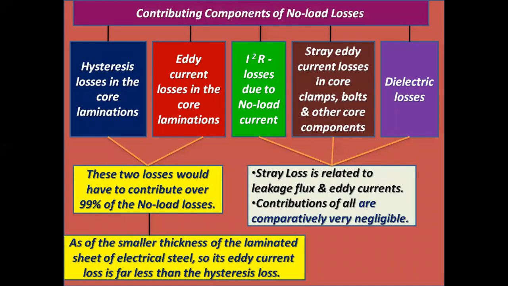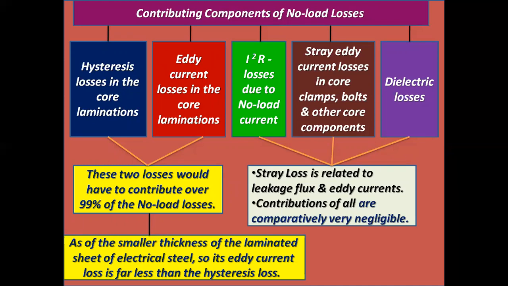Now see the contributing components of no load losses. One is hysteresis losses in the core laminations, eddy current losses in the core laminations, I2R losses due to no load current, stray eddy current losses in core clamps, bolts, and other core components, and dielectric losses.